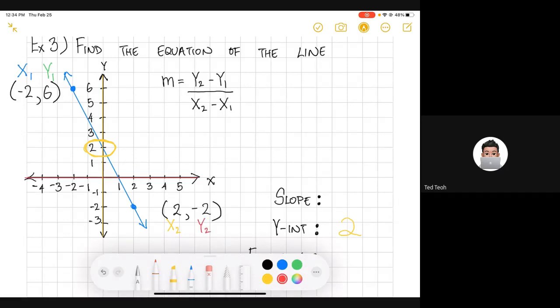All right, so from here, I just need to look at my formula and try to match the numbers. Okay, so y2 is -2. So my formula here is going to be -2. The formula is minus, so it has to be a minus here. Y1, which is 6.